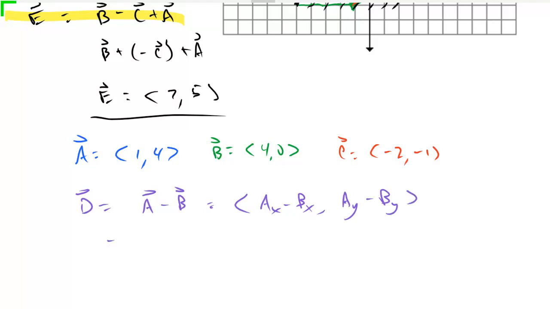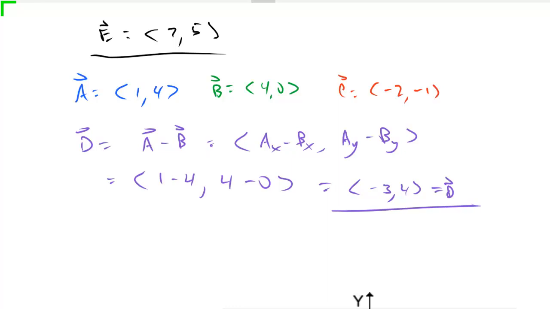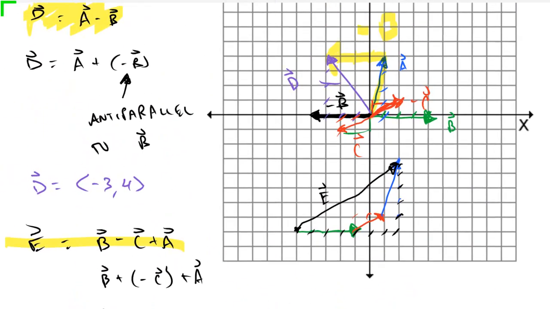So vector D will be Ax was 1 minus Bx, which was 4. So 1 minus 4, and Ay was 4 and By was 0. And so this is equal to (-3, 4). This was vector D, adding it via the component method, or algebraically, and if you notice, that's the same thing that we got when we did it with the graphical sum as well. So D was (-3, 4).